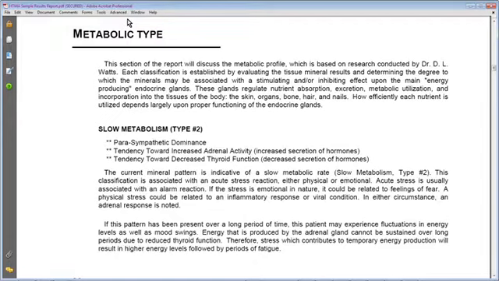These glands regulate nutrient absorption, excretion, metabolic utilization, and incorporation into the tissues of the body, the skin, organs, bone, hair, and nails. How efficiently each nutrient is utilized depends largely upon proper functioning of the endocrine glands.